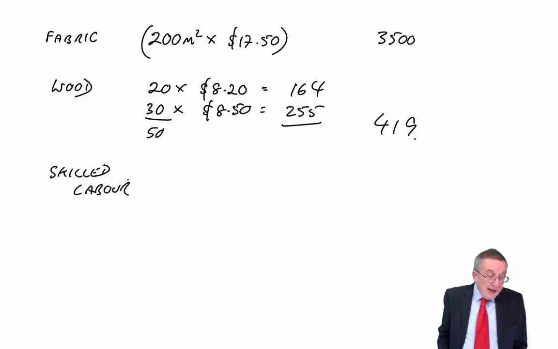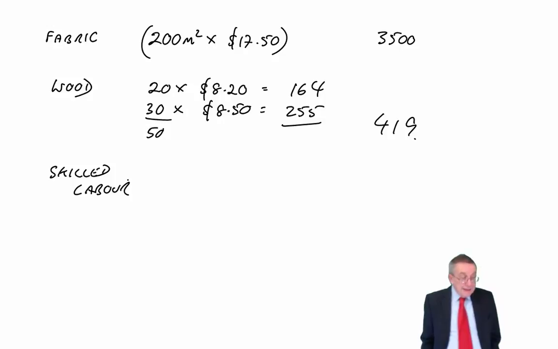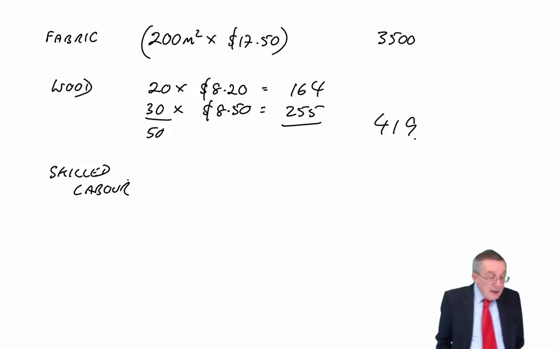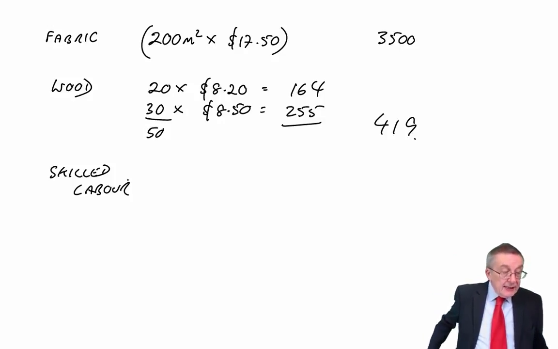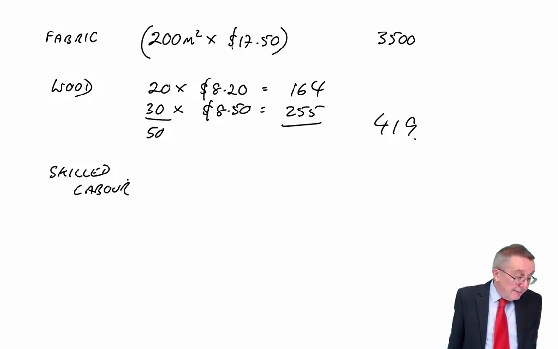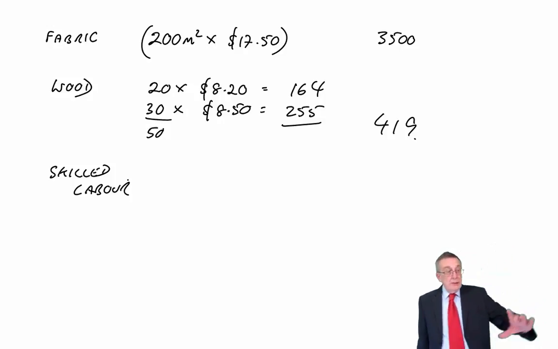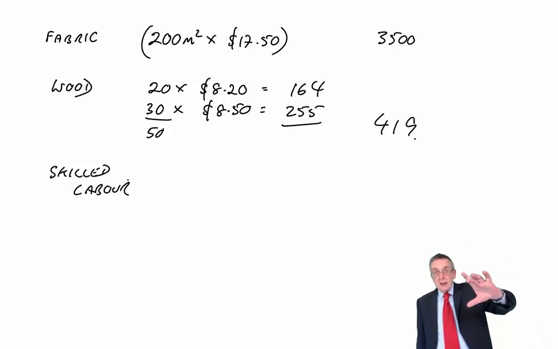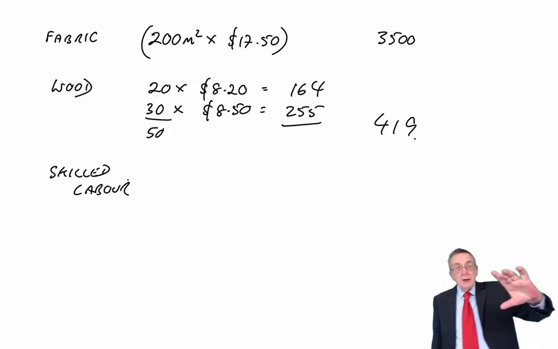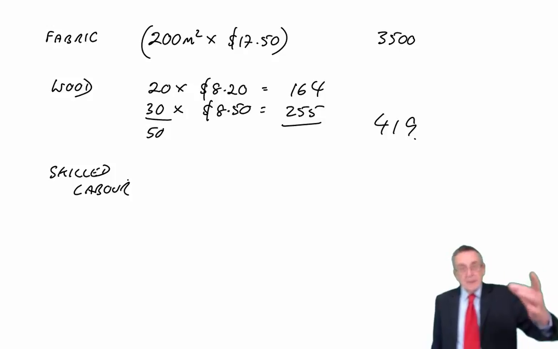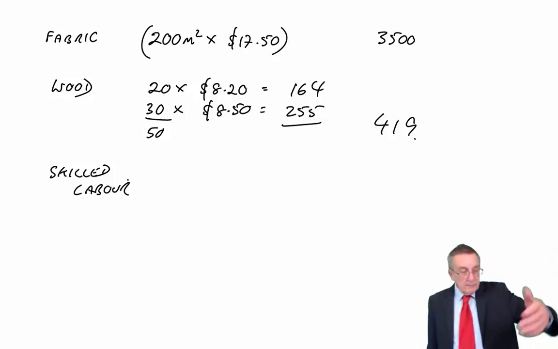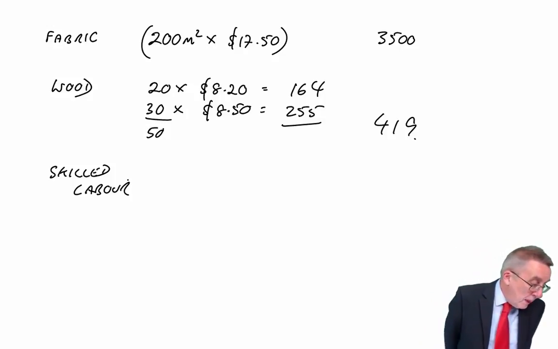Their rate of pay is $16 an hour, but any overtime is paid at time and a half. Time and a half, if you're normally paid, let's say, $10 an hour, you're paid $10 plus half of it, so you pay $15 an hour. So overtime is paid more.